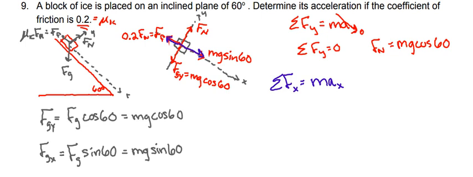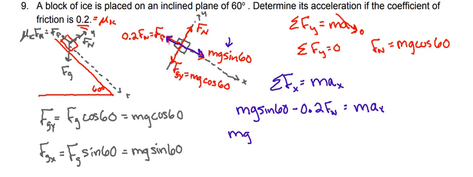All right. In the positive direction, or down the hill, we have mg sine of 60, that one. And then in the negative direction, we have the 0.2 normal force. So mg sine of 60 minus 0.2 times what? Normal force. mg cosine of 60.